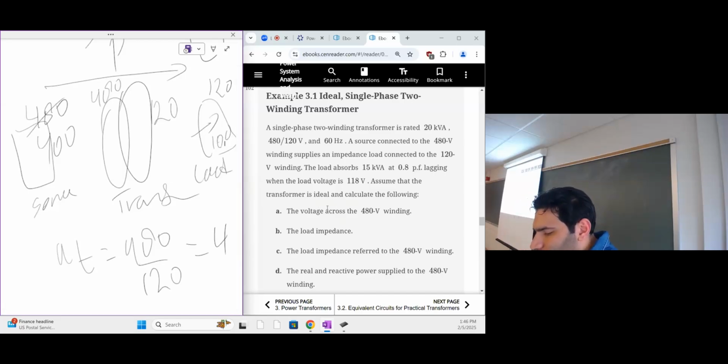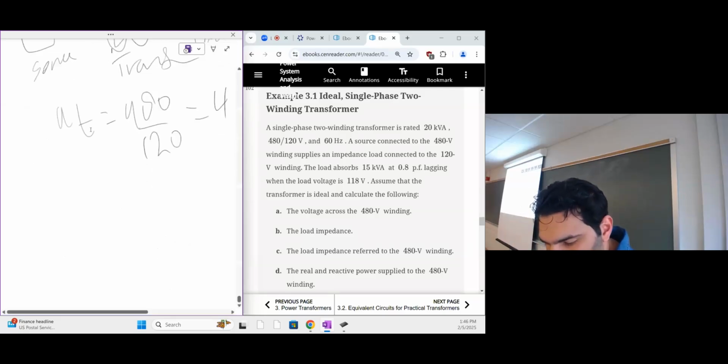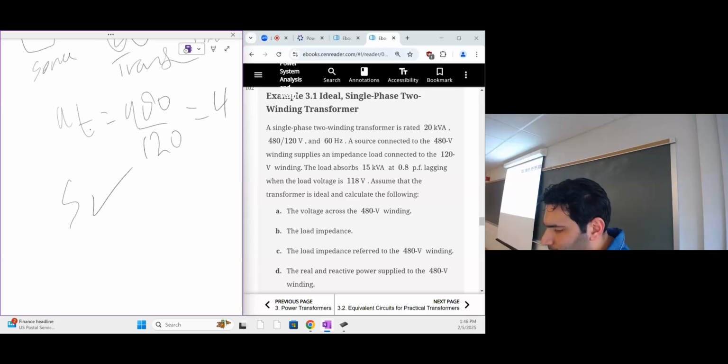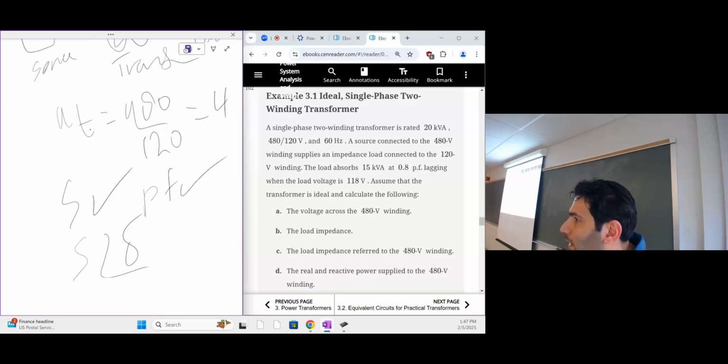So he's saying calculate the following: the voltage across the 480 winding, the voltage here. I was given that I have a load connected to the 120 volt winding. The load absorbs 15 kVA, which is S, is given, and the power factor. From those, I can obtain S and the angle.